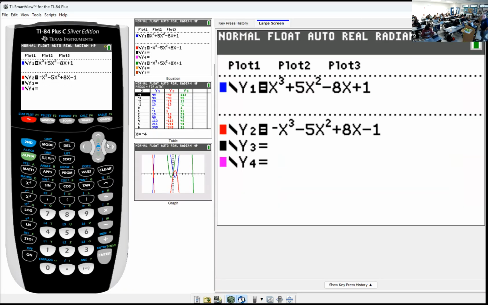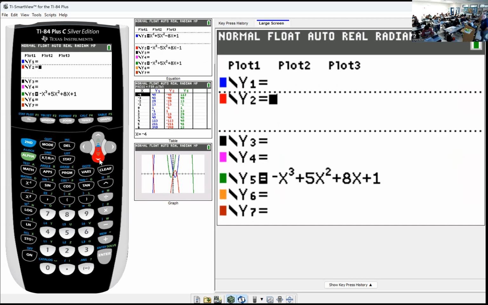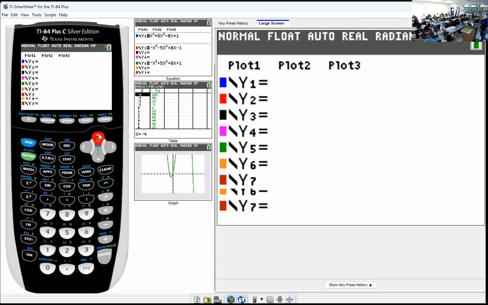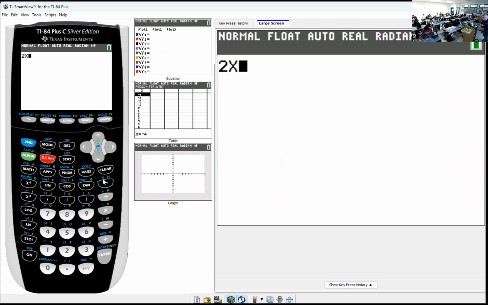So I'll go to my y equals. Let's get rid of all these so these aren't in the way. And let's go back to my y1. We'll do that as my f of x. This is a 2x to the fourth. There is no x cubed term or x to the first power term, but I don't care right now.